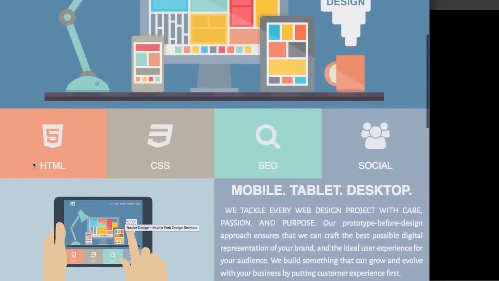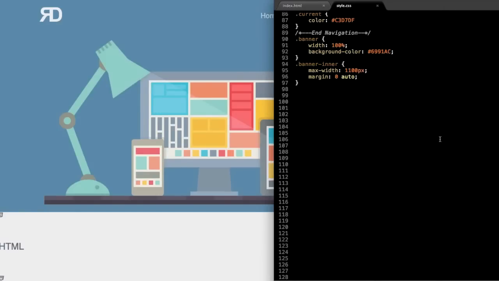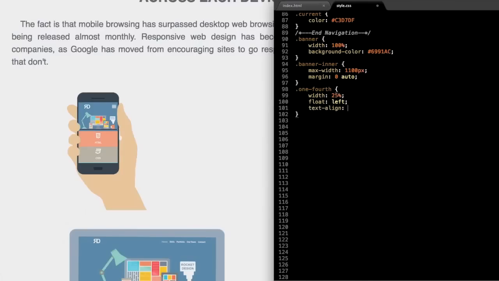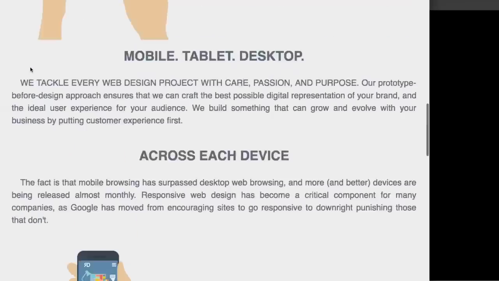So now we can drop down and let's get started on these 1/4 sections with the icons and the heading titles there. So we'll reference that with the class, so it's .one-fourth, and let's give it a width of 25% since there's 4 sections, and then we'll tell it to float to the left side of the screen, and we'll have the text aligning center within the 1/4 sections.